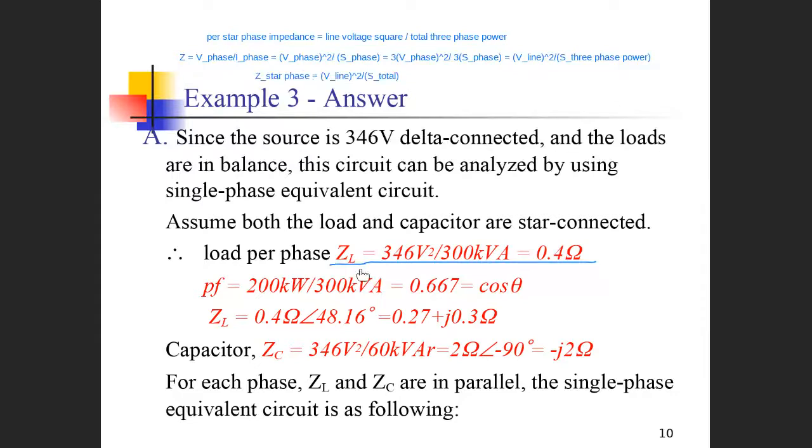That's the meaning of it. So the load per phase impedance can be estimated like this.